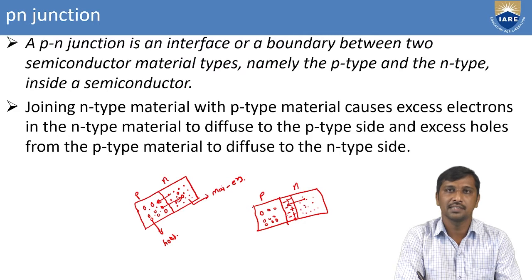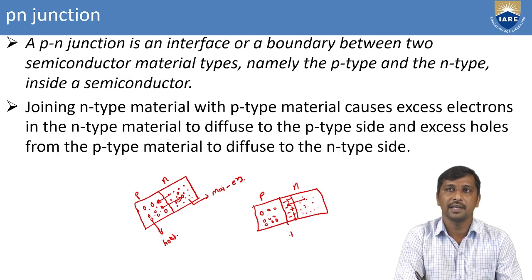Whenever an electron loses its energy, it becomes an immobile ion, represented as a positive ion, established near the junction. Similarly, when the holes diffusing from the p region to the n region lose their energy, they become immobile ions, represented by negative ions.